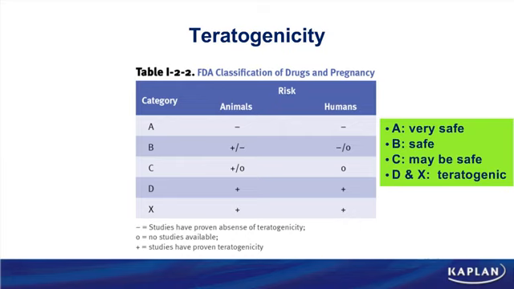But with category X, you immediately discontinue the medication. Don't even think about continuing a patient on a category X type drug. Immediately discontinue. Again, both are harmful to the fetus, and we're going to talk about some examples in the rest of our lectures of drugs that are teratogenic, and if we know the specific teratogenic effects, those all make for very good test questions.